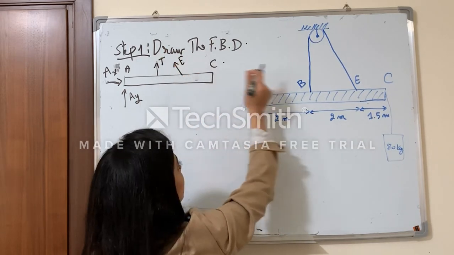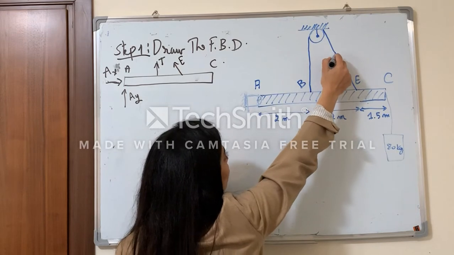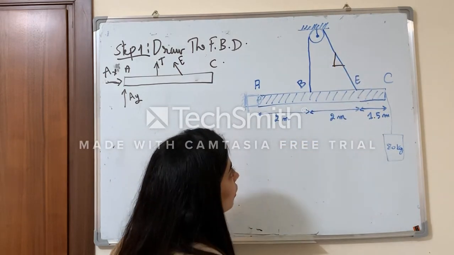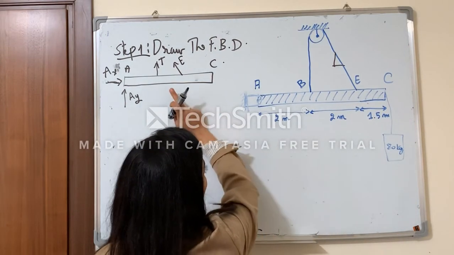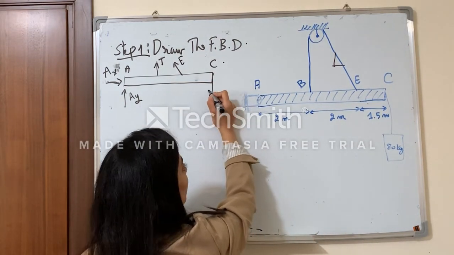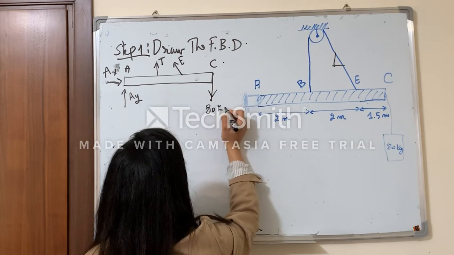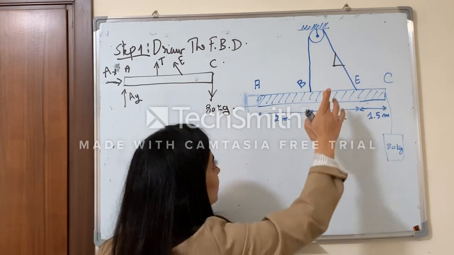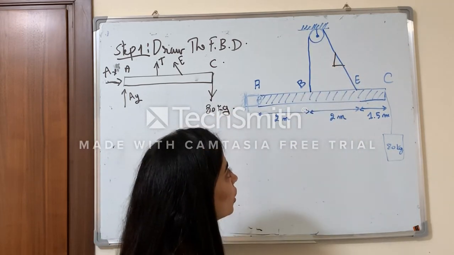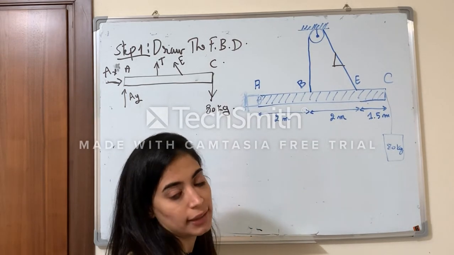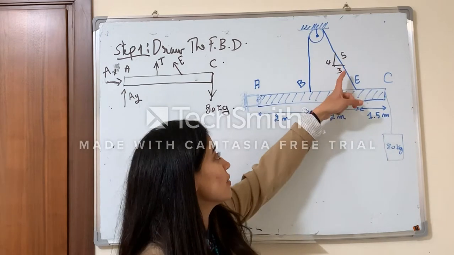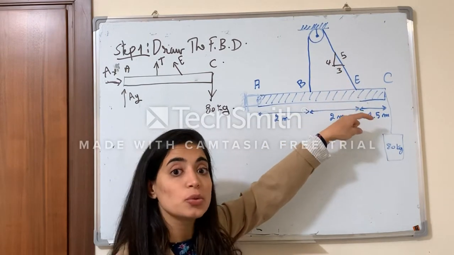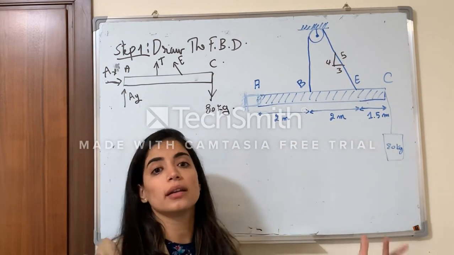However, this E is oblique, and I think I know here the height and the base, or I know any angle, we will see. So I have a tension here, and I have a weight here that is equal to 80 kilograms. Let me see the given in order to know what are the inputs for the tension at E. This is also given because if I don't know these values or the angle, this will be an additional unknown and I cannot solve the problem.